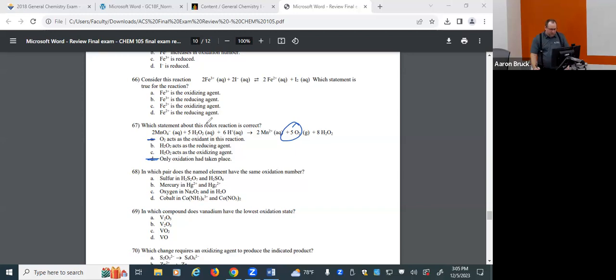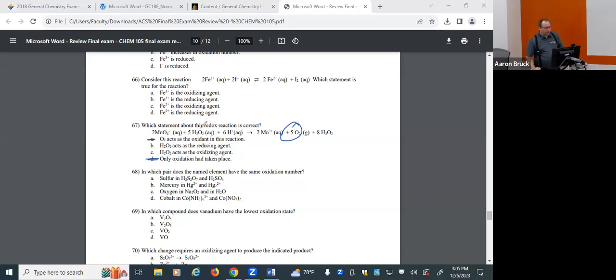Now, to understand what's going on with the peroxide, we need to assign oxidation numbers. And this is where it can be a little bit tricky, because oxygen does not usually behave this way. This is one of those weird exceptions.